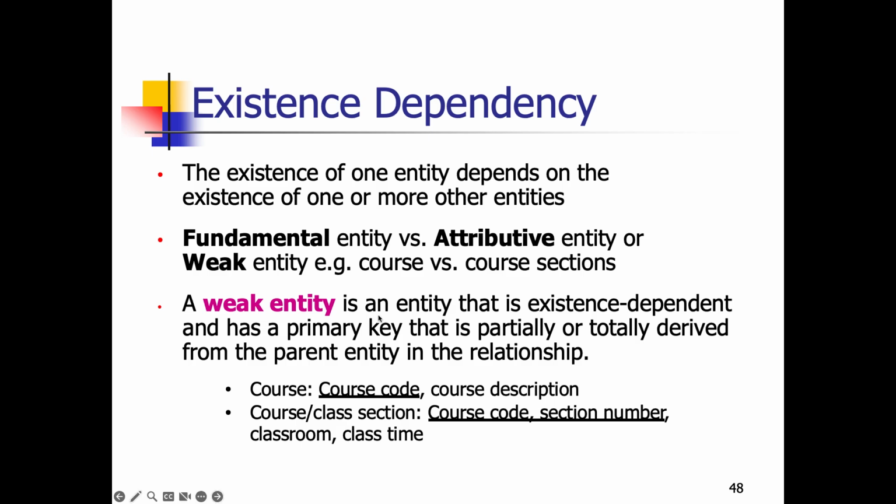But if you use the course code, which is the primary key of the course, in combination with the section, so if you say, for example, 3421, which is the database code, right? 3421 section A, section B, and C, then it can uniquely identify the row. So a weak entity is an existence-dependent entity that has a primary key that is partially or totally derived from the parent entity in a relationship. I'm going to explain it further.